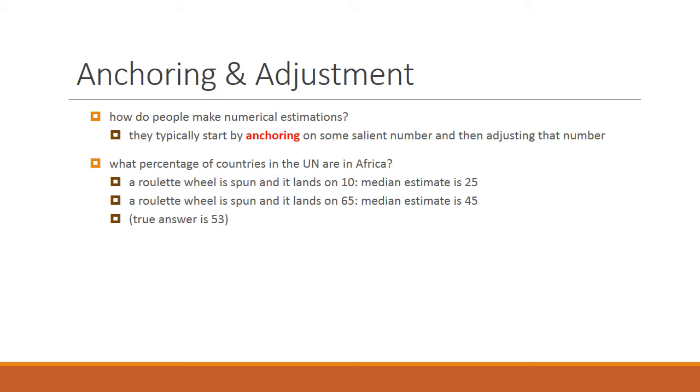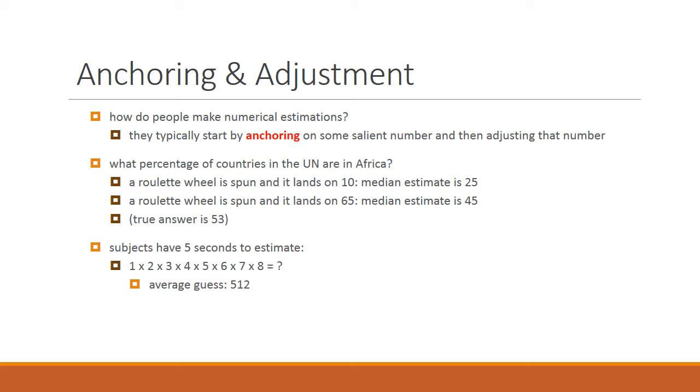So the idea here is that even though this roulette wheel is spun and the result is completely arbitrary, it still seems like people are biased by that number and make their adjustments based on that initial number that comes up. In a similar experiment, if you ask subjects to estimate this mathematical equation, the average guess is low, 512. But if you reverse the order of it, the average guess is higher, around 2,250.